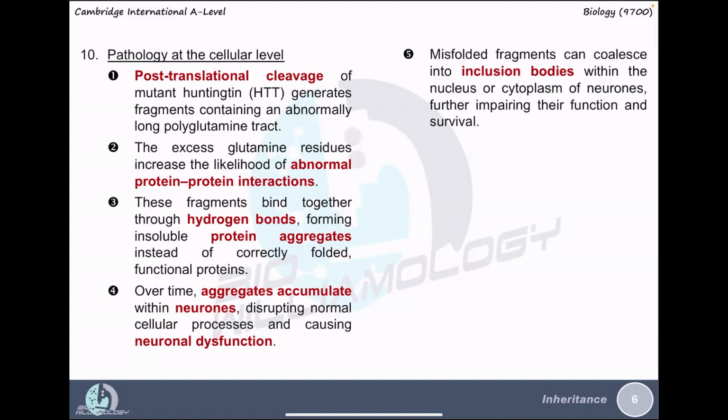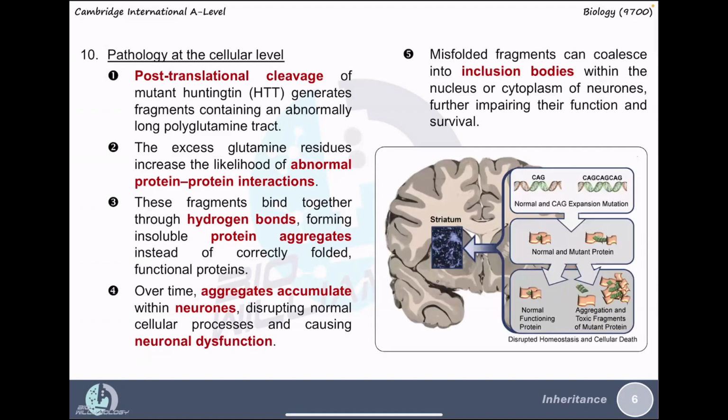Misfolded fragments can form inclusion bodies within the nucleus or cytoplasm of neurons, further impairing their functions and survival. In this diagram, you can see on the left-hand side we have the normal Huntington gene and also the Huntington gene with CAG repeats.